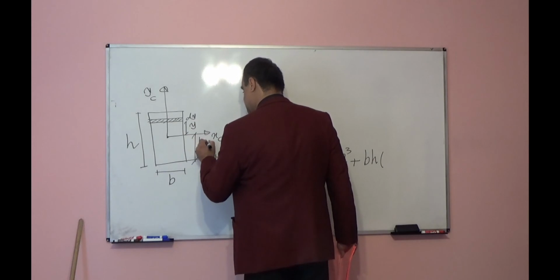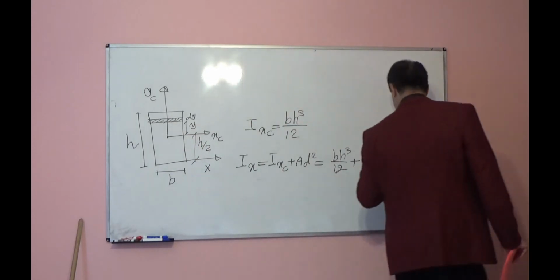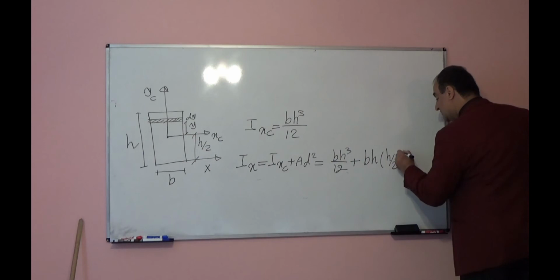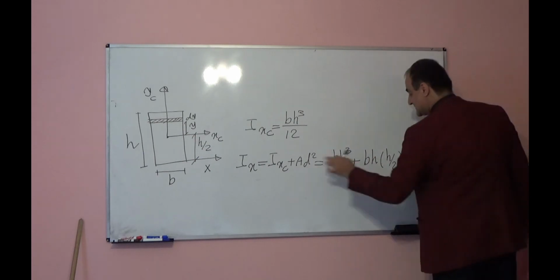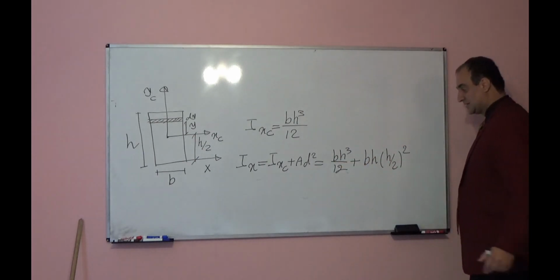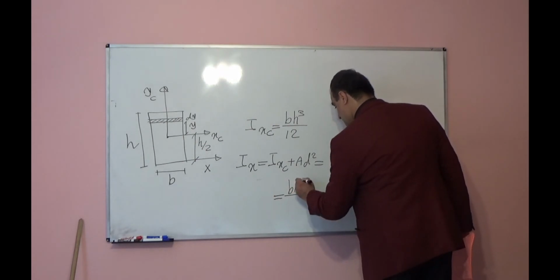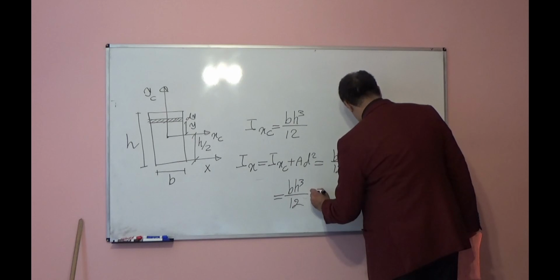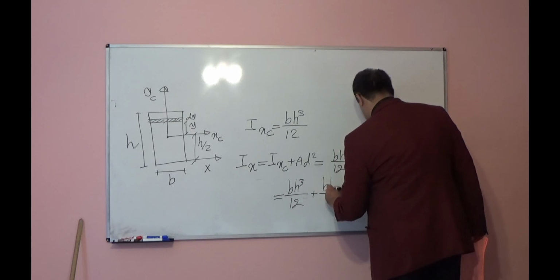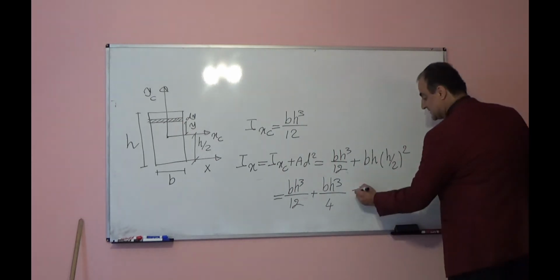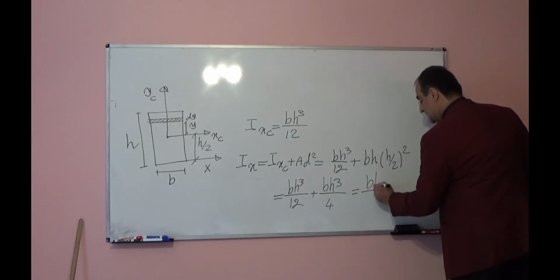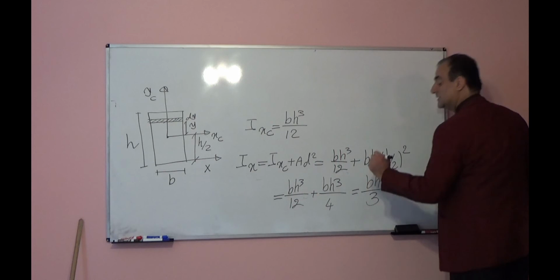This distance is h over 2, so d squared is h over 2 squared. So this will be b h cubed over 12 plus b h cubed over 4. The answer will be equal to b h cubed over 3.